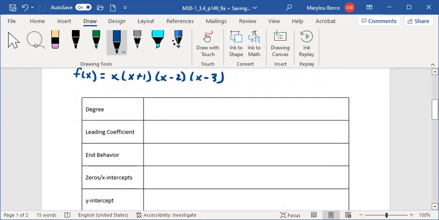So it is of degree 4. The leading coefficient is 1. The end behavior is that it extends up into quadrant 2 and up into quadrant 1.